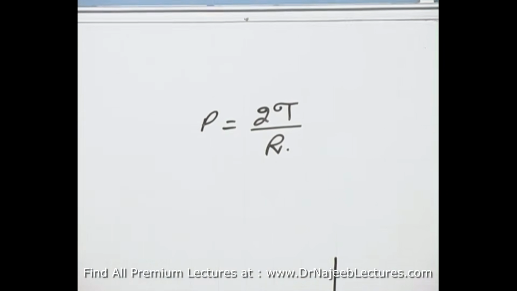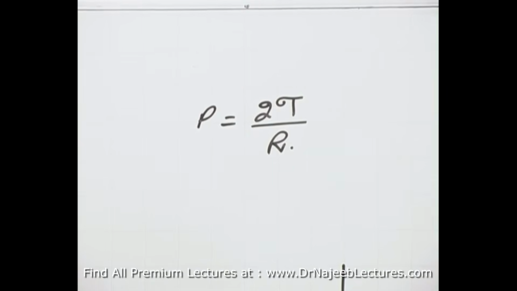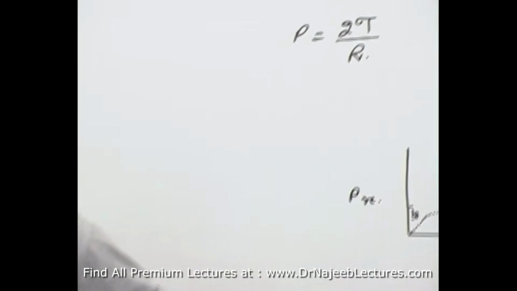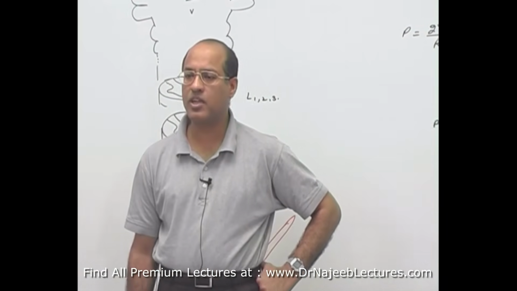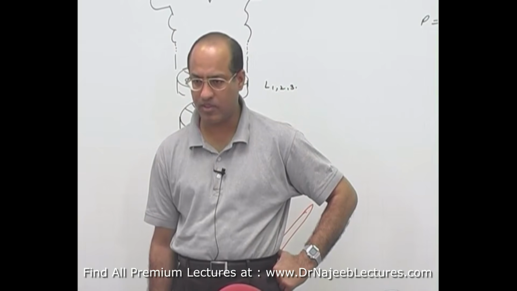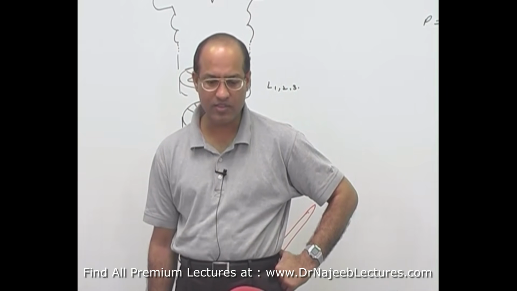Now, the question is, what determines the increase in radius? One reason is that the bladder wall has a very special quality which is called plasticity, biological plasticity.